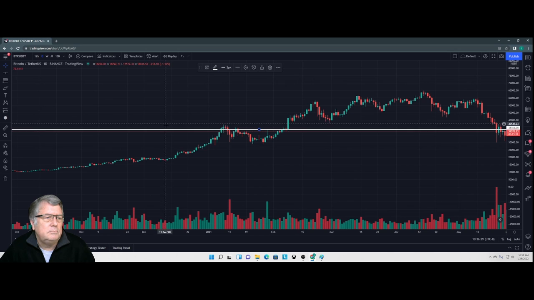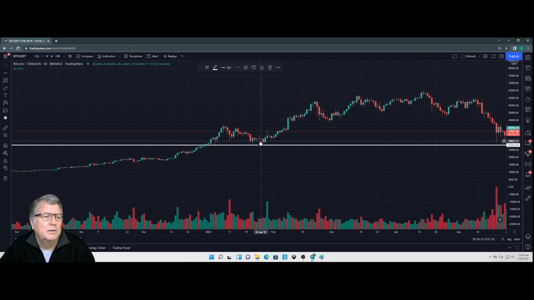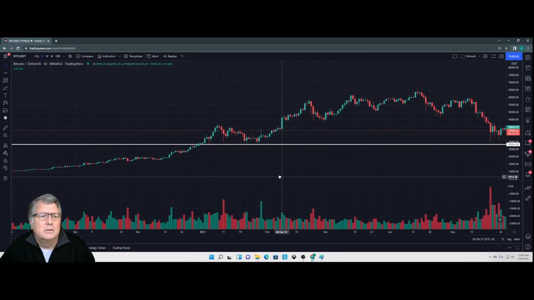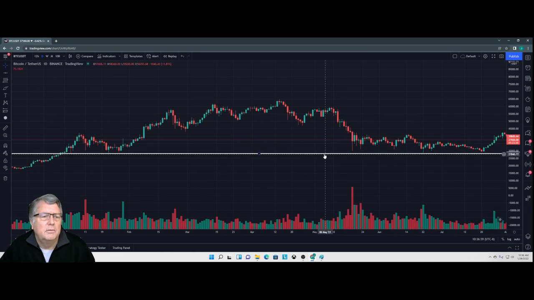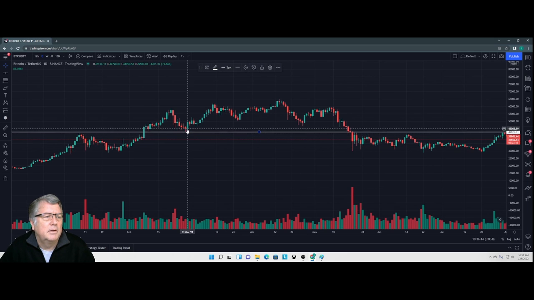Here was a relatively large wick compared to the body. It came close to the target, pretty close to the target right there. But you don't want to confuse that with these kinds of wicks where they're really not very large in comparison with the rest of the market.